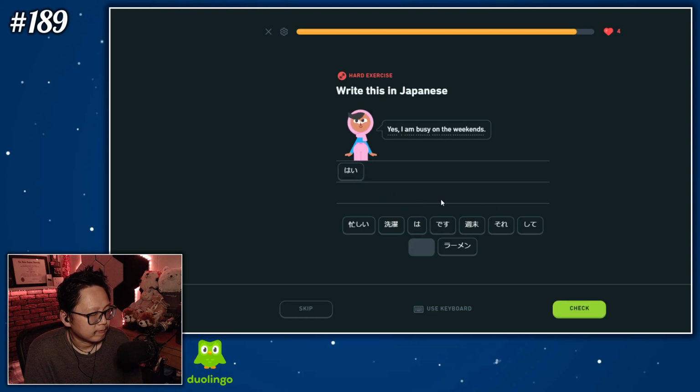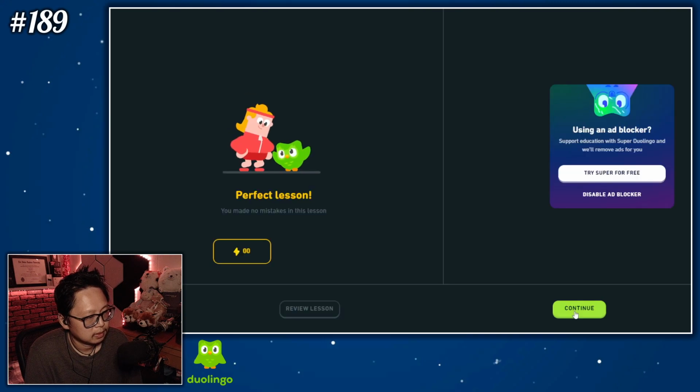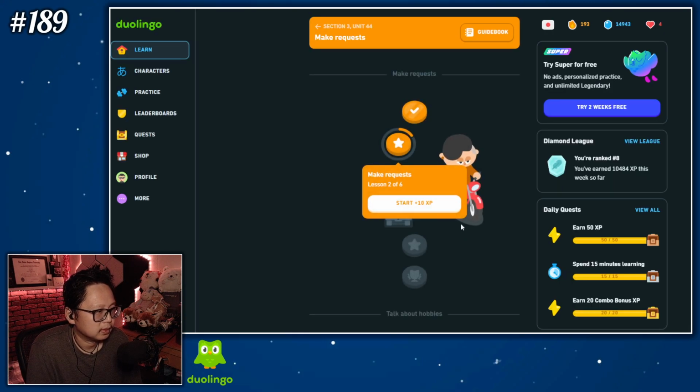I guess that's kind of showing how to express things without necessarily using the te form. Alright, this is where the te form comes in.